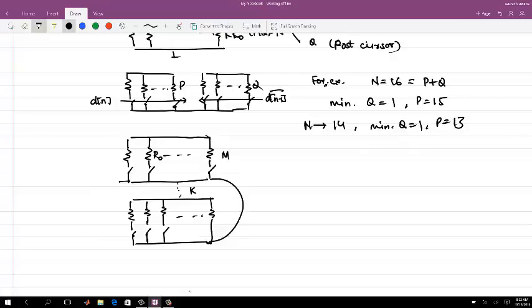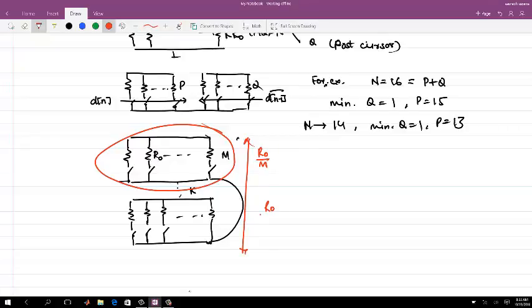So the net impedance of this block is R0 by M, and the total impedance, if I am having K such cells, is R0 by M times K. This should be equal to RT, depending on the process variation.